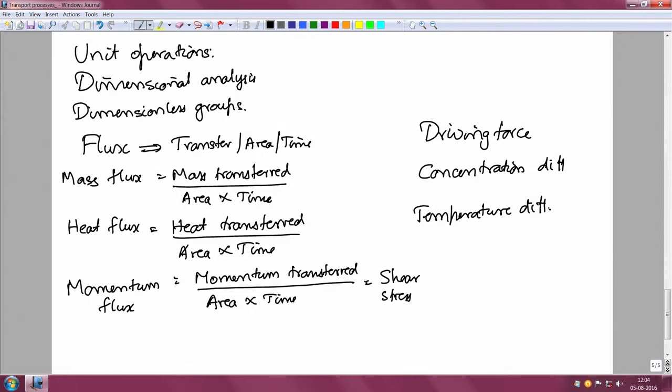And similarly, the momentum flux has to necessarily involve a difference in velocity. I will make these a little more precise a little later. It is not exactly the difference, but rather the concentration. But for now, let us just consider these as the concentration difference, the temperature difference and the velocity difference.